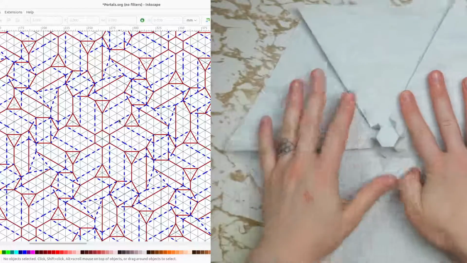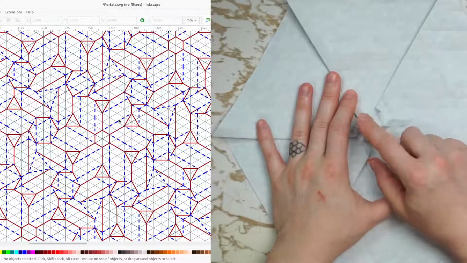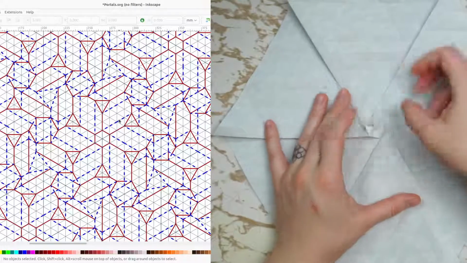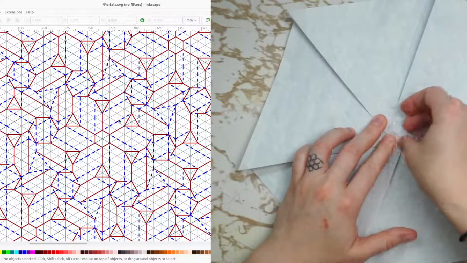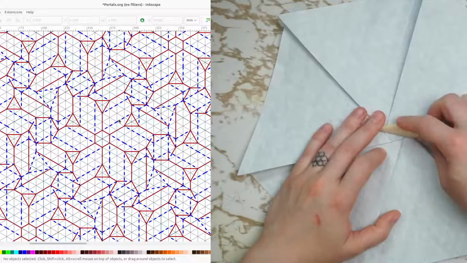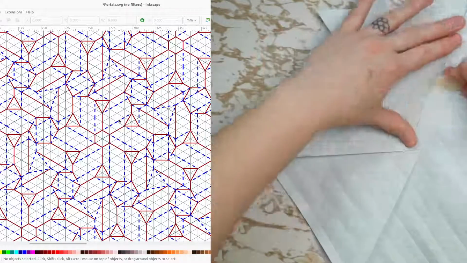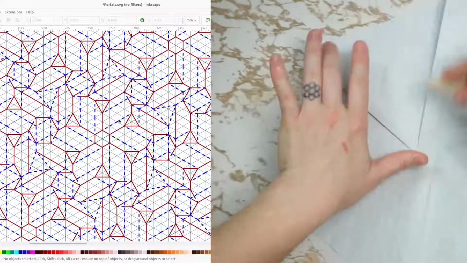So once we've got our closed hexagon set up, we can go ahead and pop it, grab it, twist it around. The faster you twist, the less crumpling there will be. And I'll grab my bone folder to fold everything nice and flat.